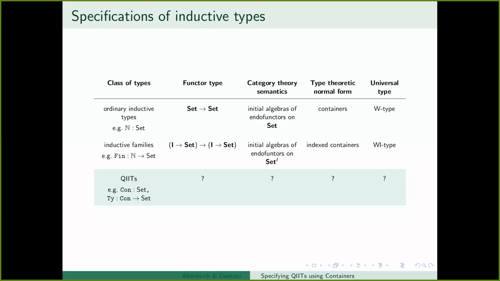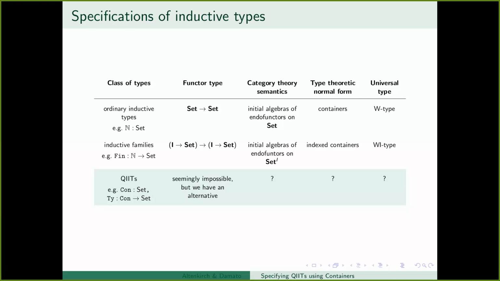The first obstacle is that we cannot even get a representation for quotient inductive types as functors. This isn't proven, but it seems like it cannot be done because there's far too much dependency between the constructors. But luckily, we have an alternative, so we can still represent quotient inductive types, but not as functors.